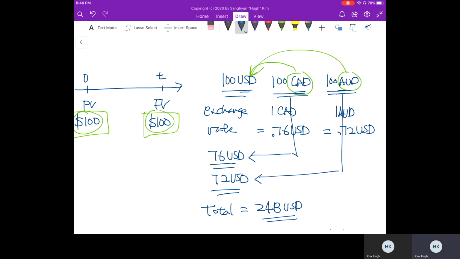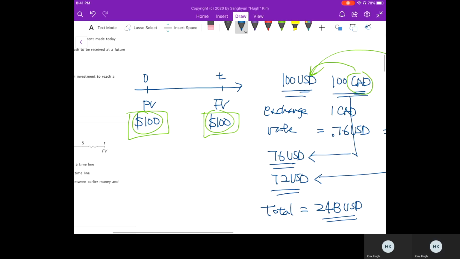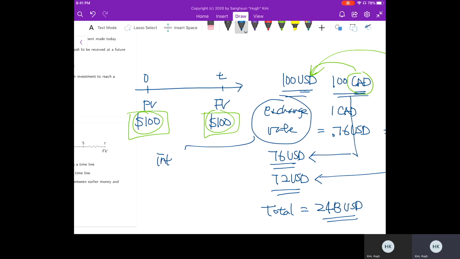Okay, just like currencies used in different countries are different currencies, the same number of dollars used in the US at different points in time are also different currencies. You cannot directly compare them. So you need an exchange rate called interest rate.